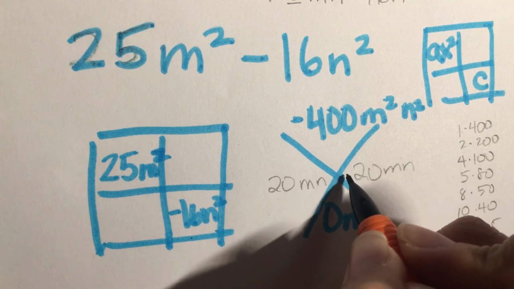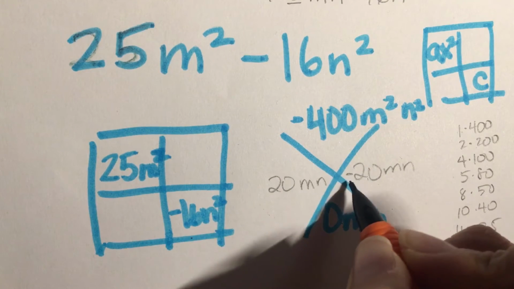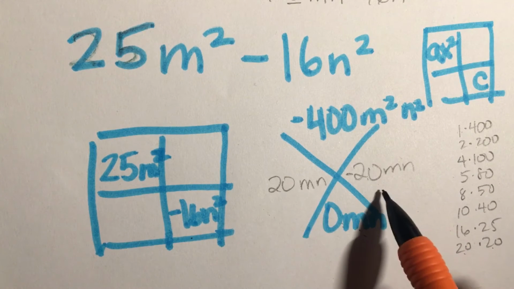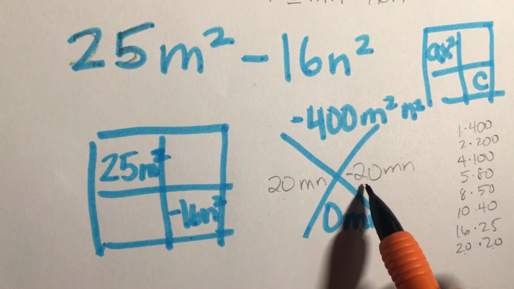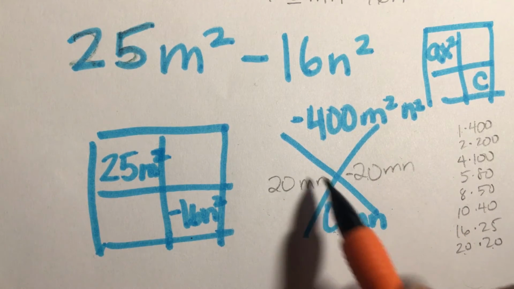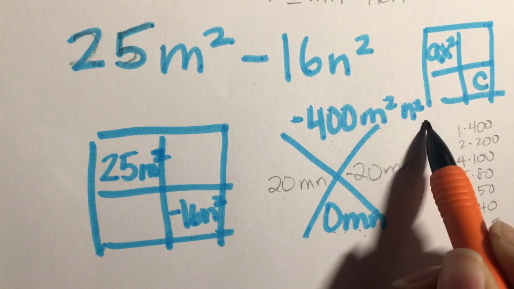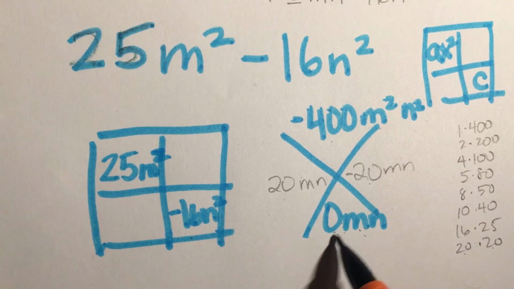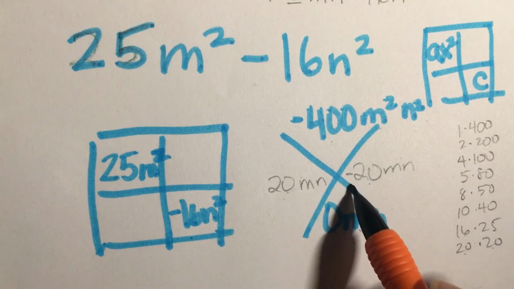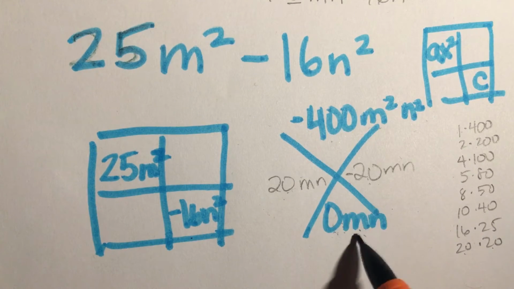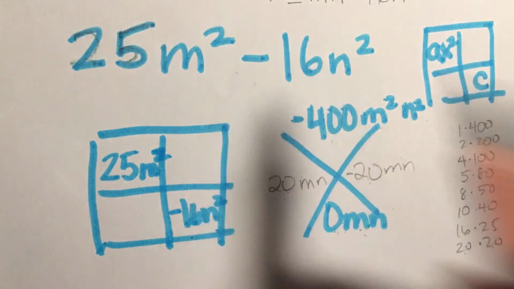No. So you know one of them has to be a negative to make the 0 pair, right? So 20mn times negative 20mn will give me negative 400m squared n squared. But when I add them up, definitely going to give me 0, right? 20mn minus 20mn is going to give me 0mn, so technically this is all 0. That's why you don't have a term here.